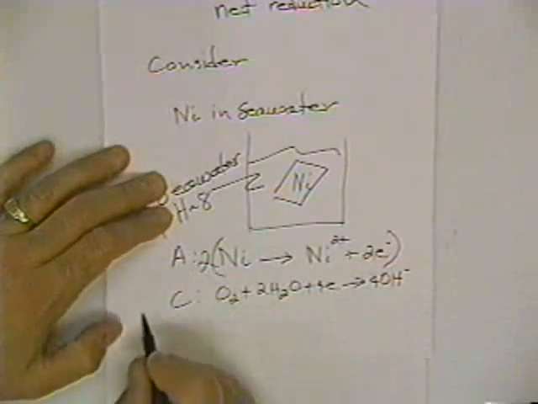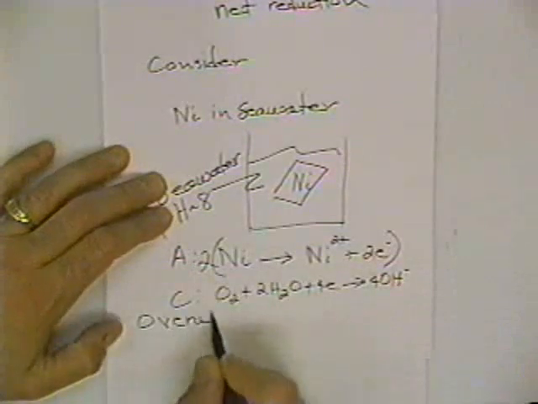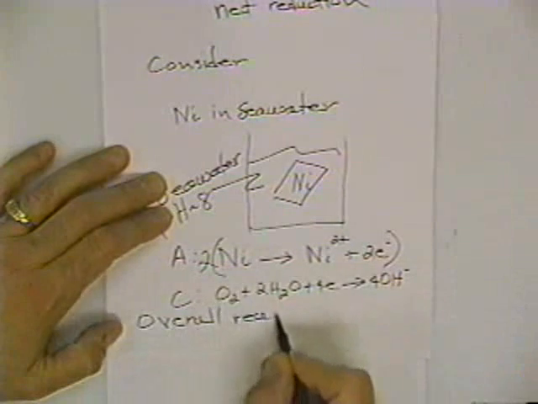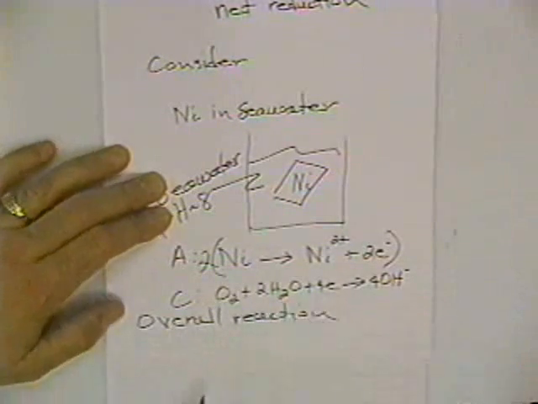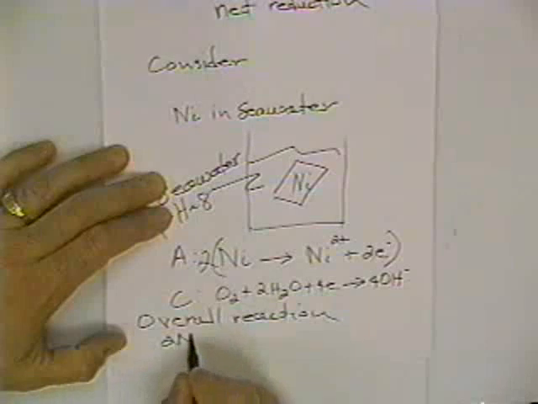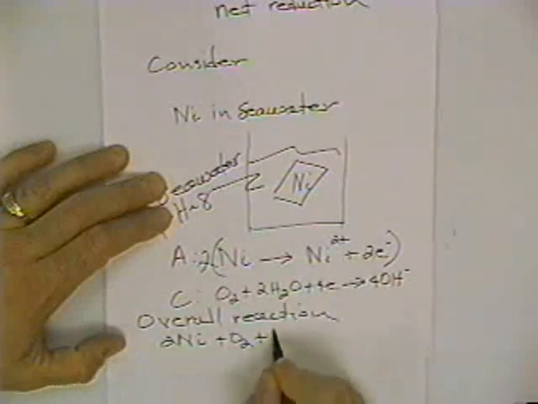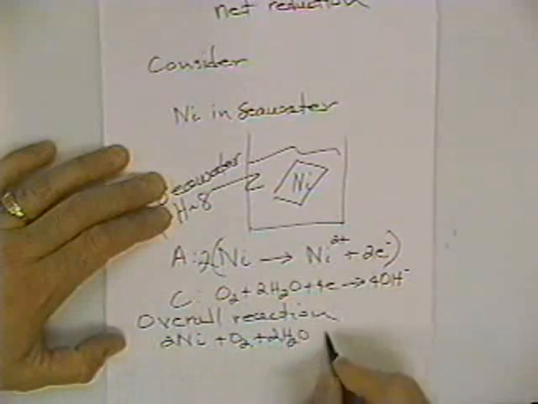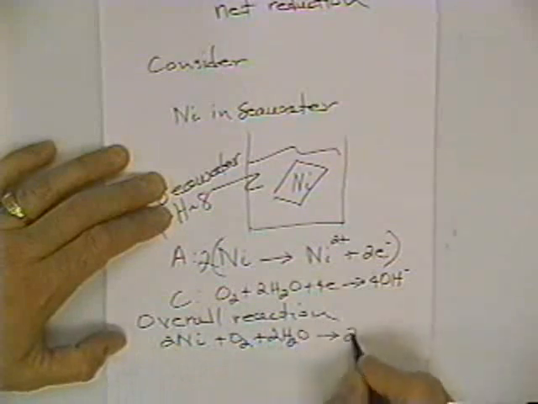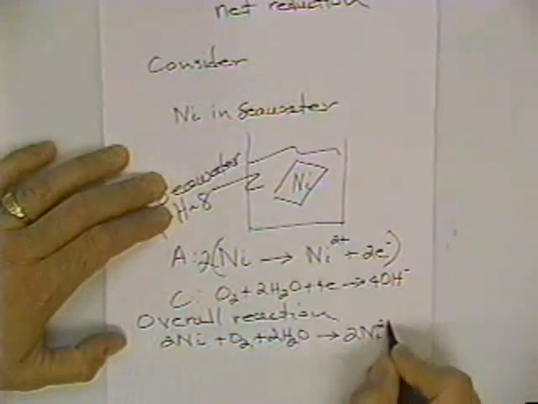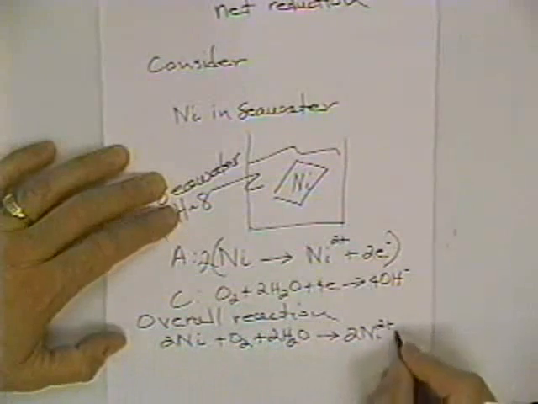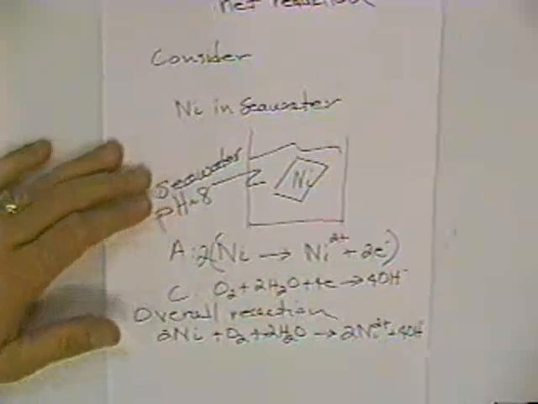We can add these, and so the overall reaction would be 2 Ni plus oxygen plus 2 H2O goes to 2 Ni2+ plus 4 OH-.